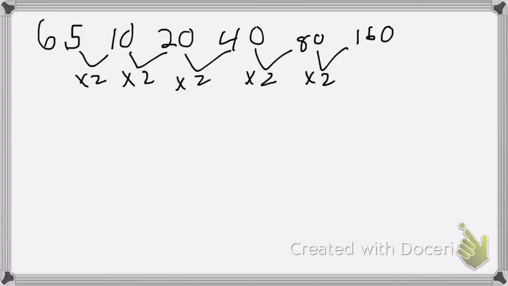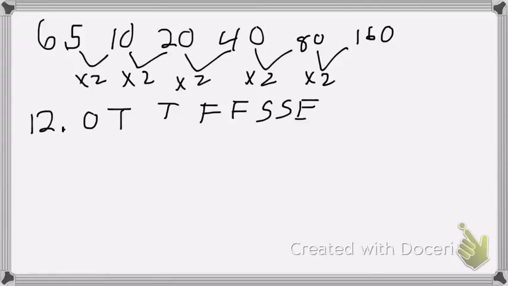And that's it. Now, 12 is a little sticky. So if we go 12, O, T, T, F, F, S, S, E. I'm going to be honest with you, this one I had to look up. I have absolutely no clue how you're supposed to get this one by yourself, but it is the first letters of counting numbers.